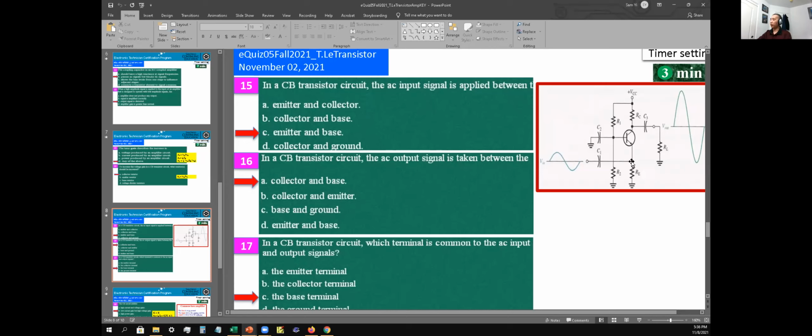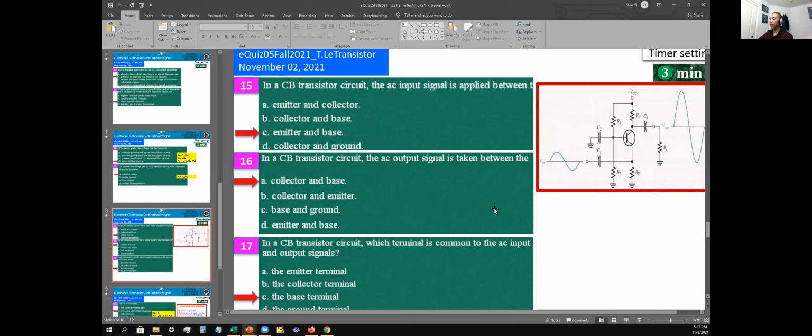The high side you put at the emitter, and the low side connects to the common, or the base in this case. So the answer is C for number 15.